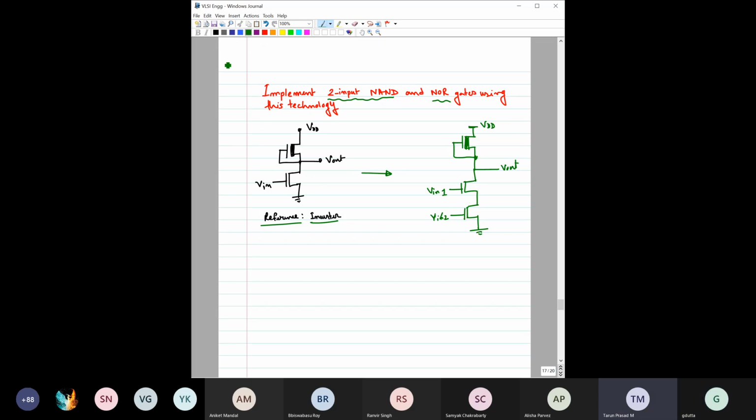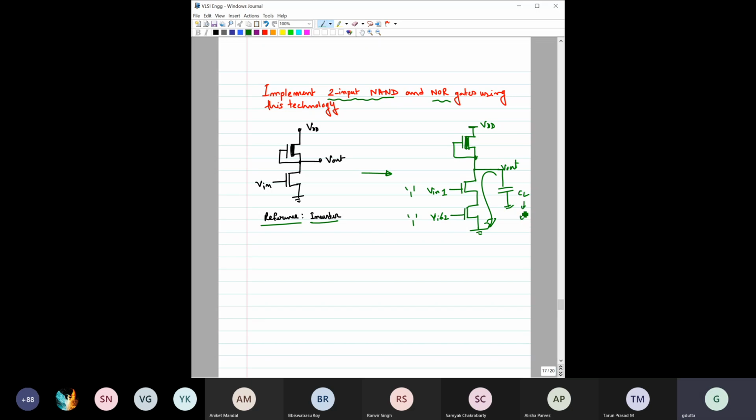Because for NAND, when both the inputs are 1, only then the output is 0. So when both inputs are 1, 1, if you consider the load capacitor here, then the load capacitor gets a path to discharge and make this voltage go from VDD to 0.